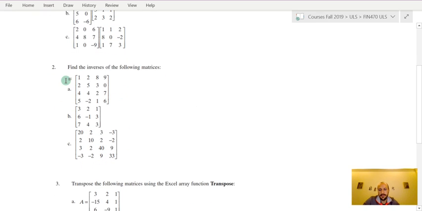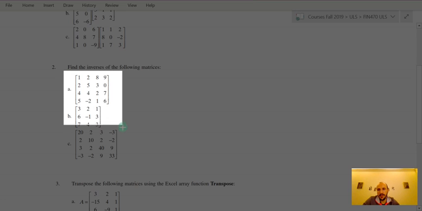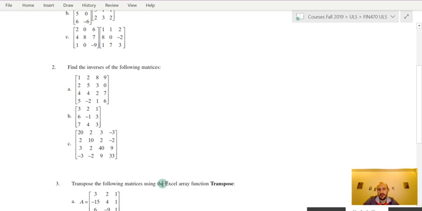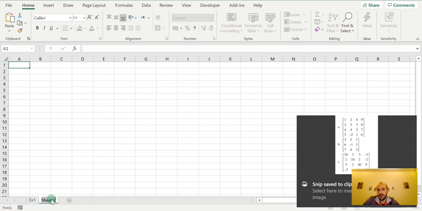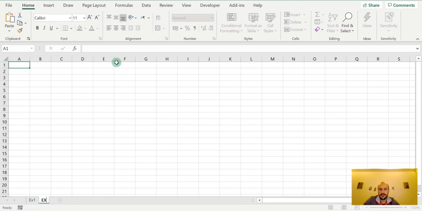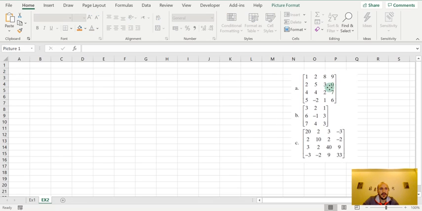So again, I will get this part, I will copy it, go back to the Excel file, and add a new sheet here, exercise 2. I will paste the question here.